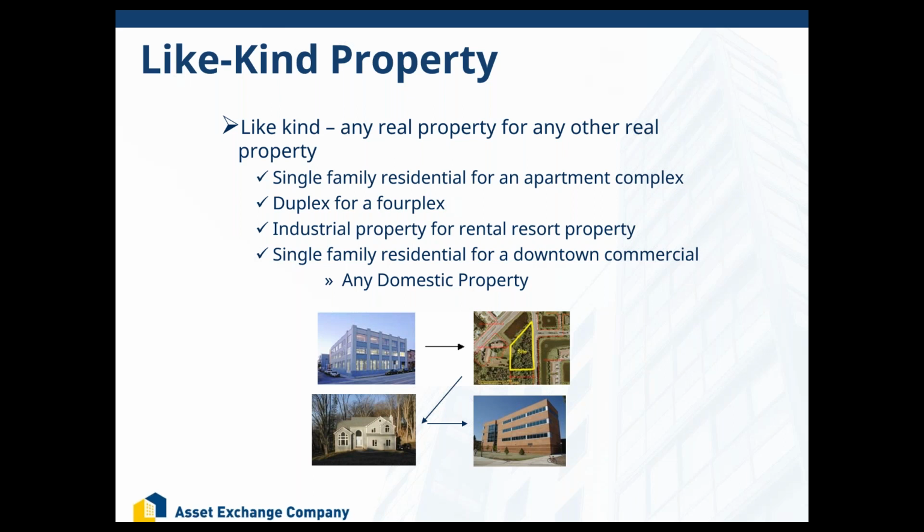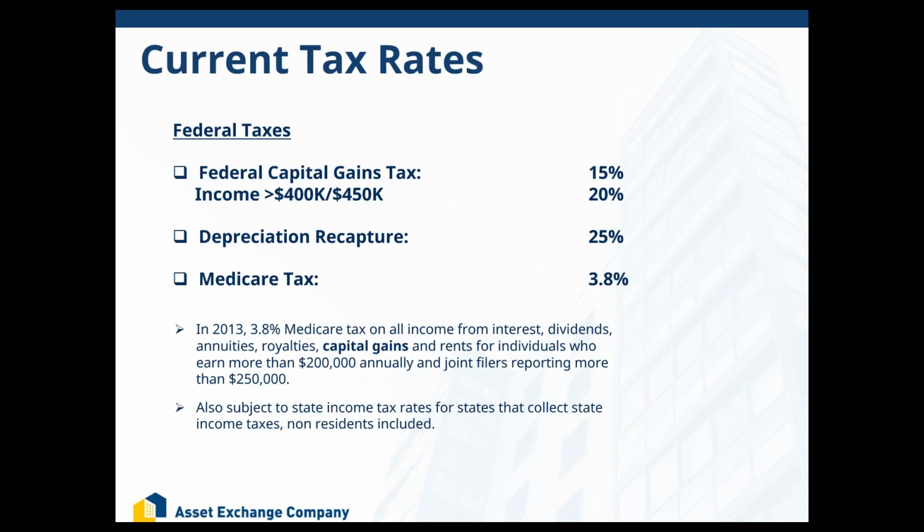All right? Now, what are current tax rates? Well, typically when you sell real property, if you have any gain in the property, you're going to be subject to capital gains taxes. Now, capital gains tax right now is either 15% or 20%.